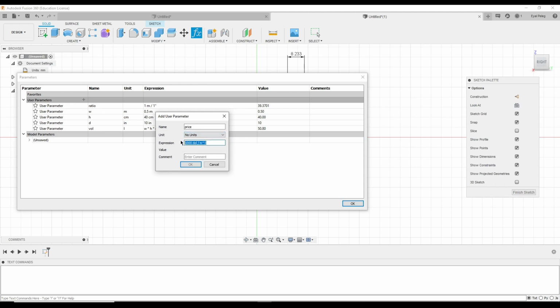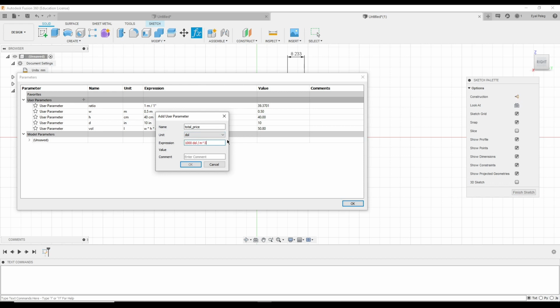But nevertheless, if I will still use this and set the total price, not the actual price, and say that the total price will have a unit which is currency, and the only currency supported here is dollars.